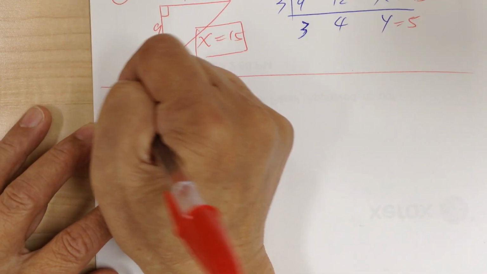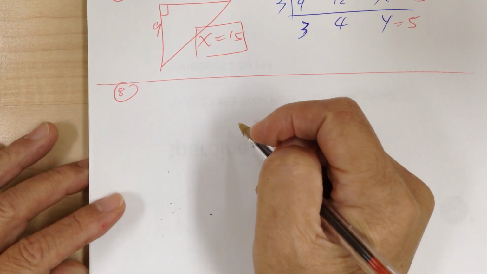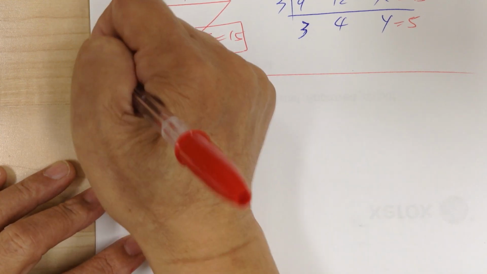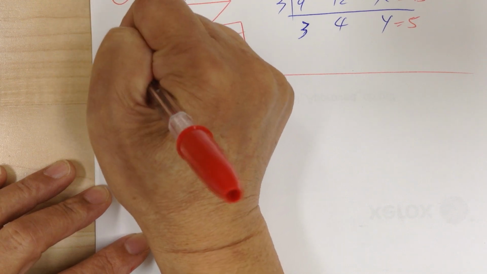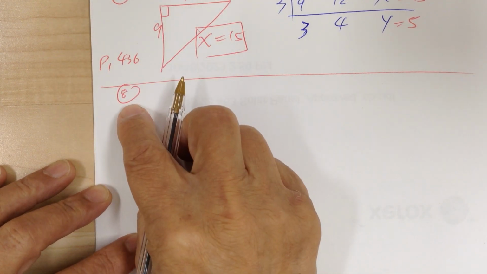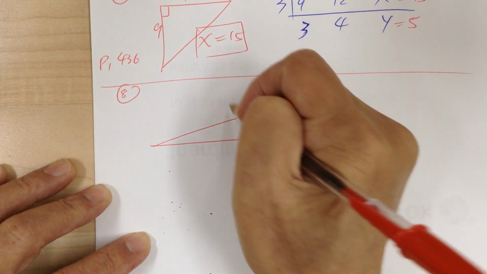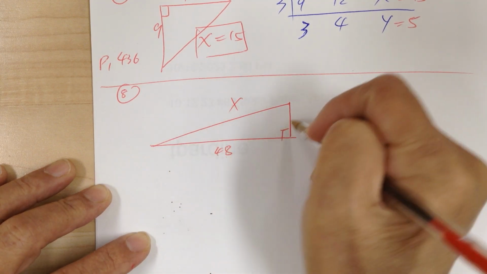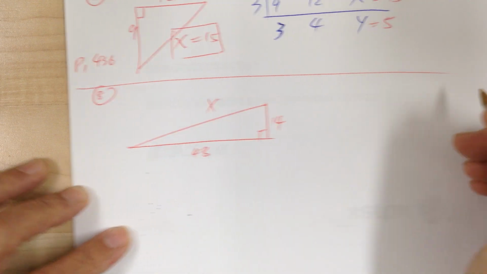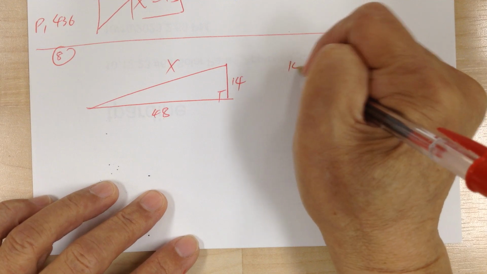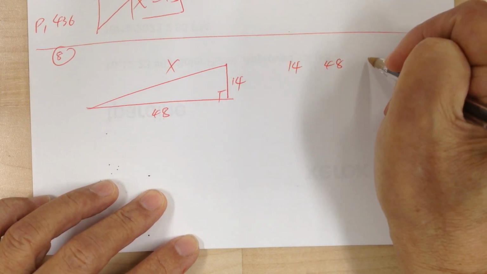If you go to the guided practice on page 436, you have this triangle. You got x, you got 48, and you got 14. Now numbers get big. If you don't have a calculator, this is what you do. You go 14, 48, x.